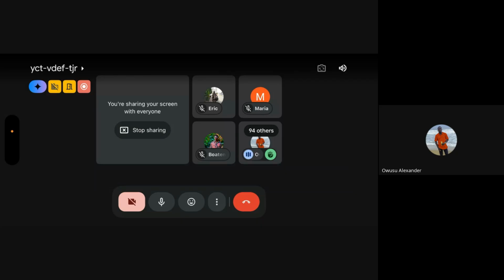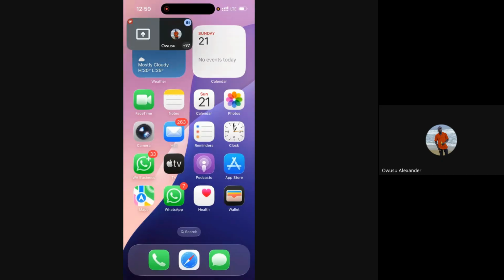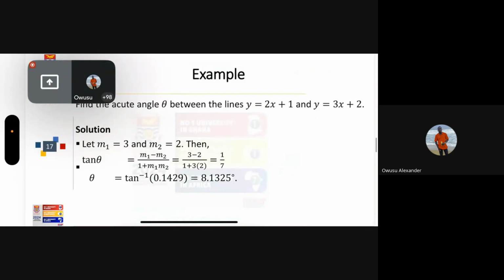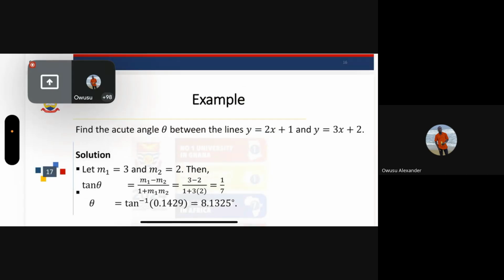Yes, please, madam. Madam, please, can you go back to your last slide where you got M1 to be 2? Is it this? Yes, please. From the question, M1 is 3, M2 is 2, but in the question, y is equal to 2x plus 1 supposed to be our M1.